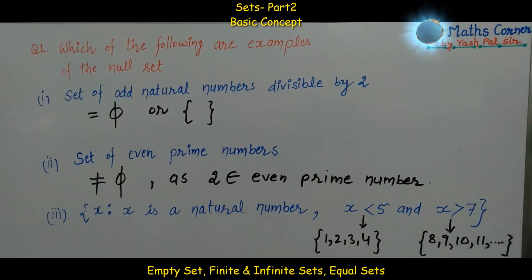Now what is common? There is no number common in these two collections. So yes, this is the empty set, equal to phi, as there is no common element in these two cases. Okay.